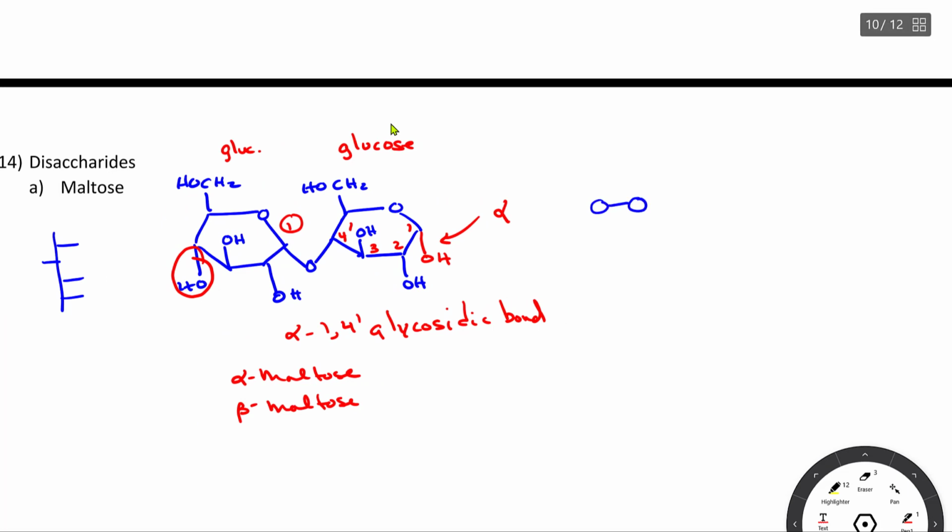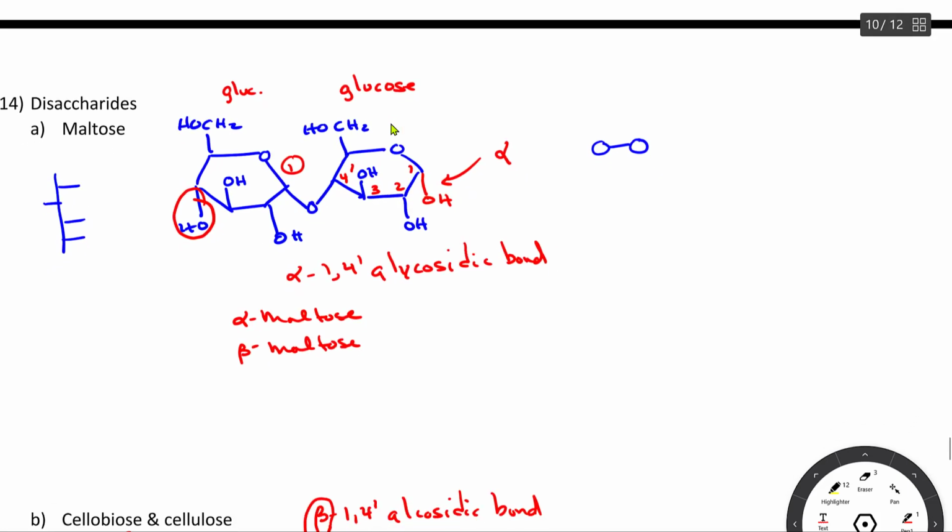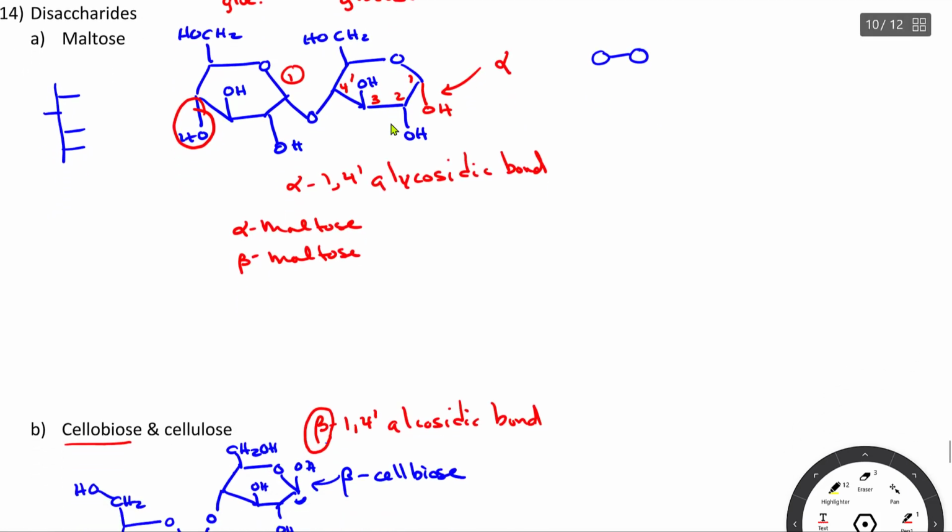This bridge, I don't try to show what it looks like. I just assume that it's going to be alpha or beta, depending on which sugars we're talking about. But for amylose, it's all alpha 1,4.